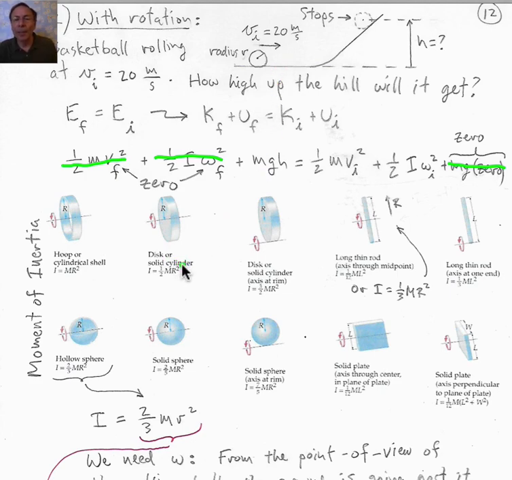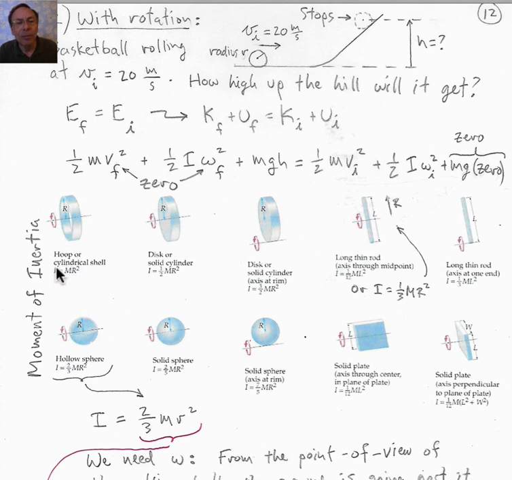Okay, so what I've done is I've made a copy here of the different moments of inertia for different shapes. So for example, let's say I have a hoop and it has radius r.